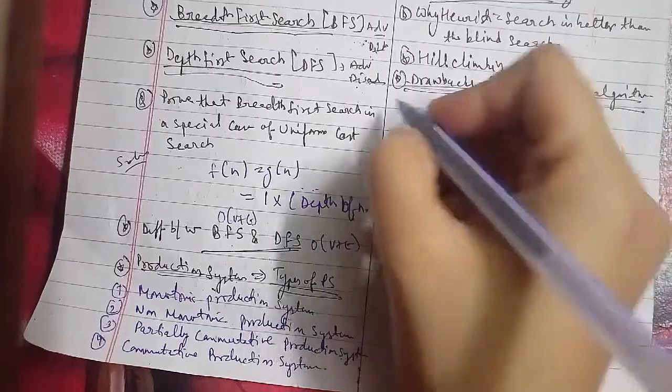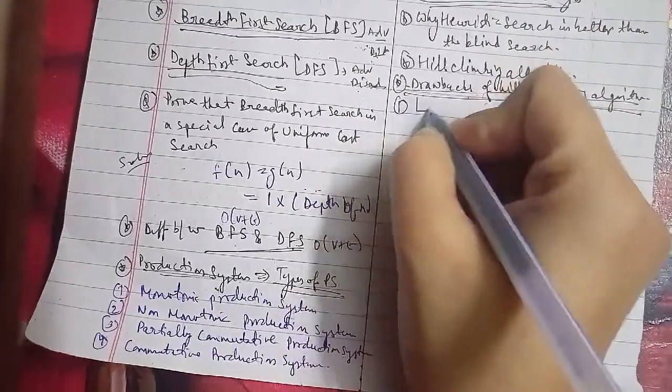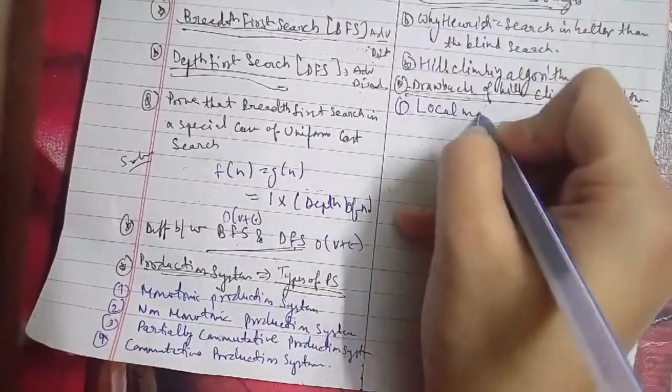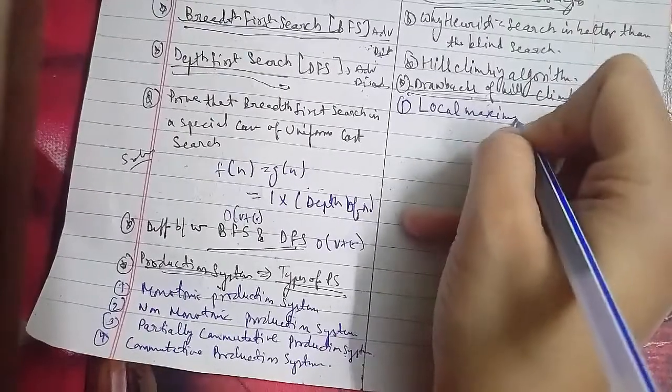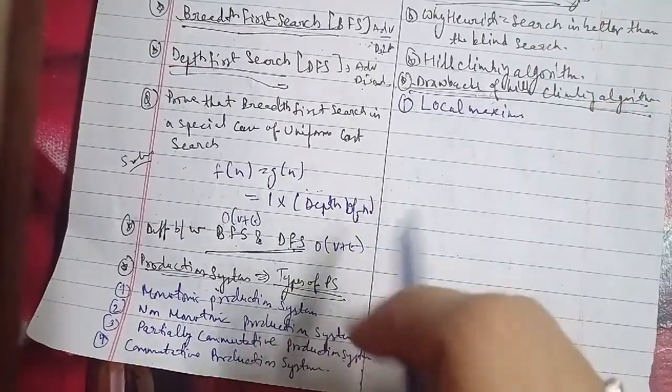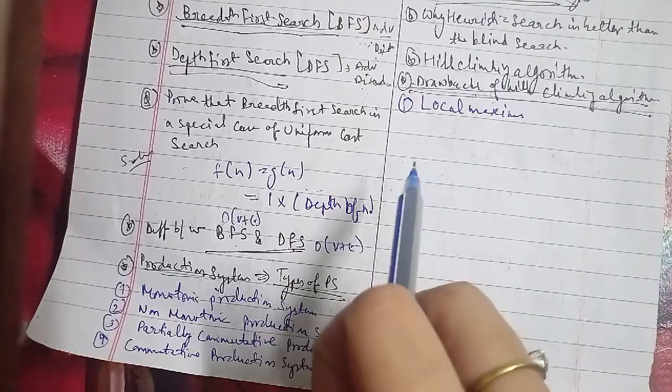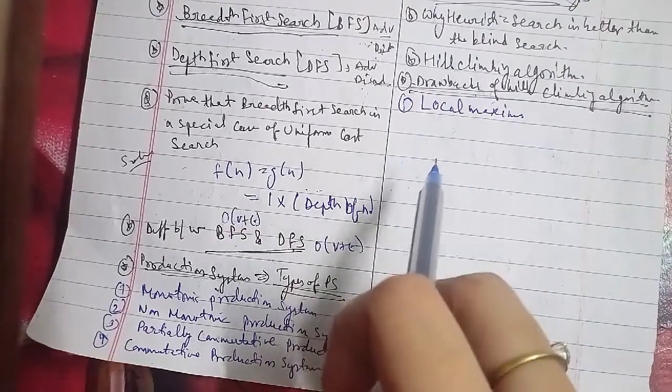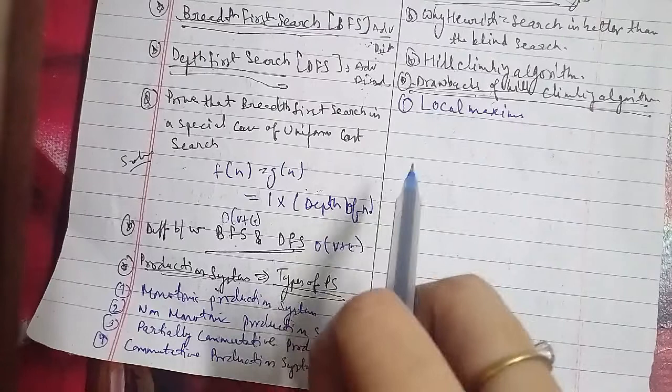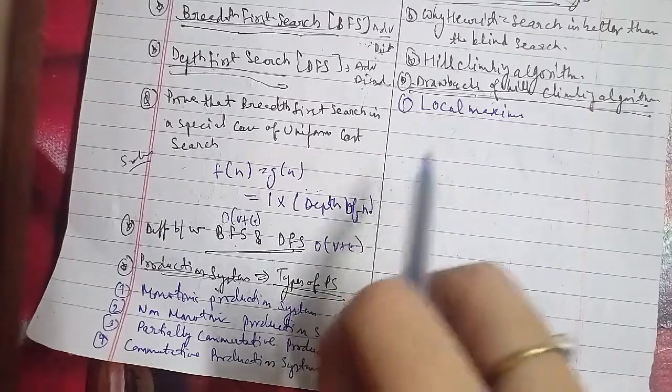A local maximum is a peak that is higher than each of its neighboring states but lower than the global maximum. A hill climbing algorithm that reaches the vicinity of a local maximum will be drawn upwards toward the peak, but will then be stuck with nowhere else to go.